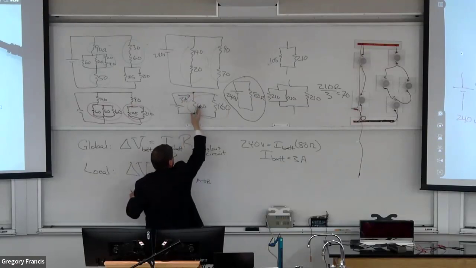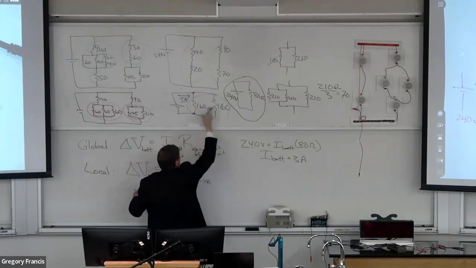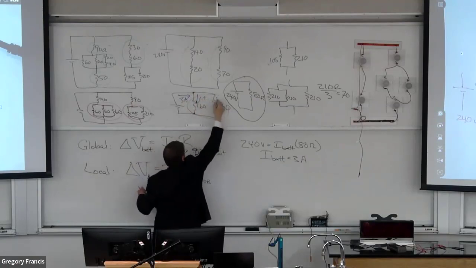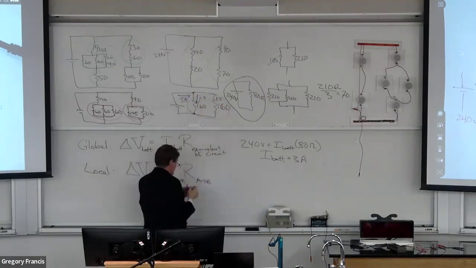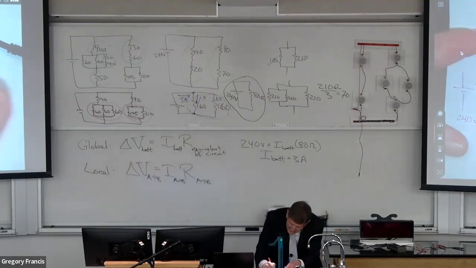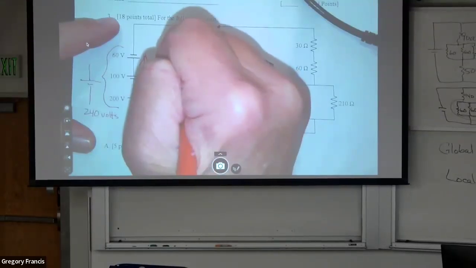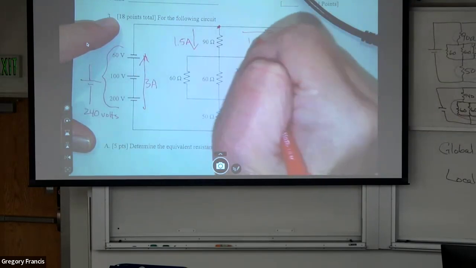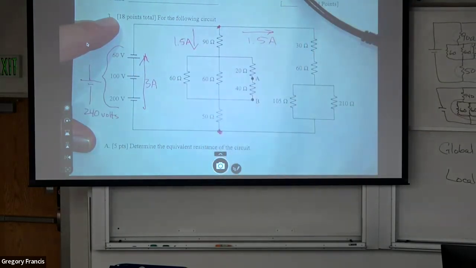This whole branch on the left looks like 160 ohms. Everything on the right looks like 160 ohms. So it's going to split 1.5 and 1.5. So if I go back here, I would send 1.5 amps this way and 1.5 amps that way.